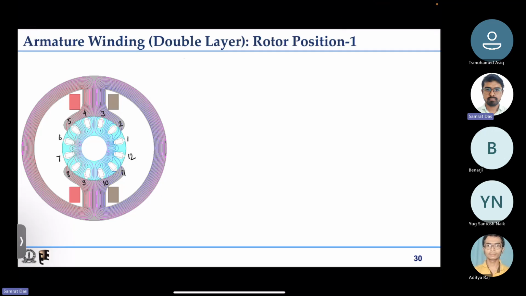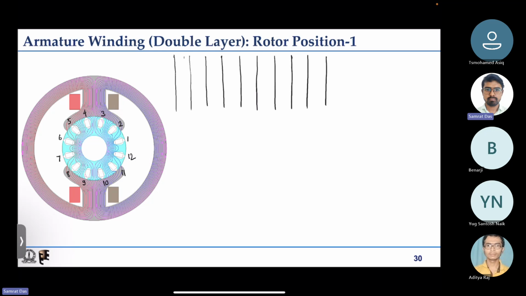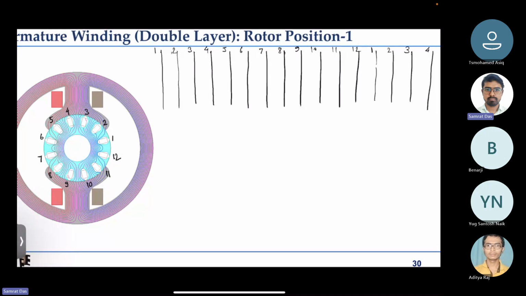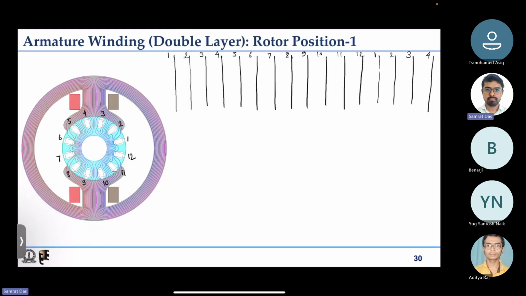So here, let me first indicate the slots. This black straight line indicates the slots. This is 1, 2, 3, 4, 5, 6, 7, 8, 9, 10, 11, 12. After that I have to come back to 1, 2, 3, 4. Will it be sufficient?